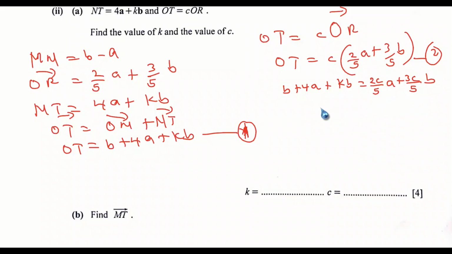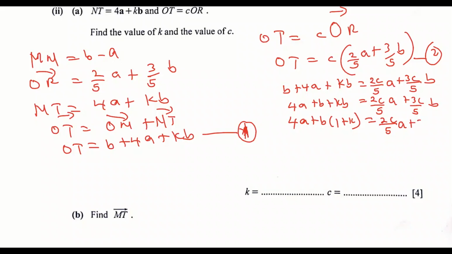Here we can combine kb and b. Let's rearrange first: 4a plus b plus kb equal to 2c/5 a plus 3c/5 b. We can factor out b here, so we have 4a plus b(1 + k) equal to 2c/5 a plus 3c/5 b.